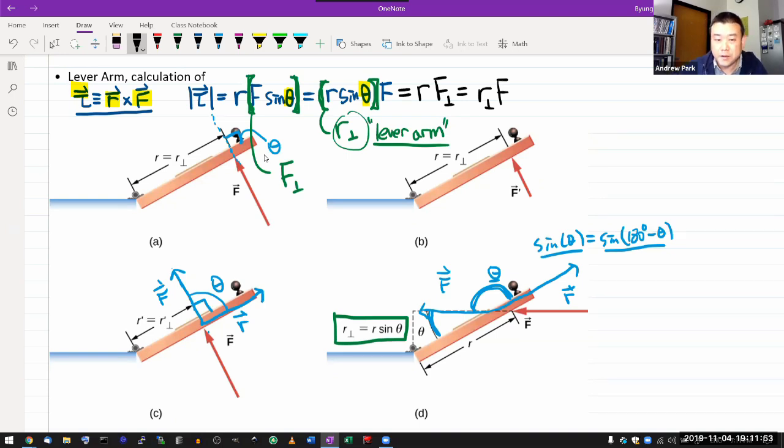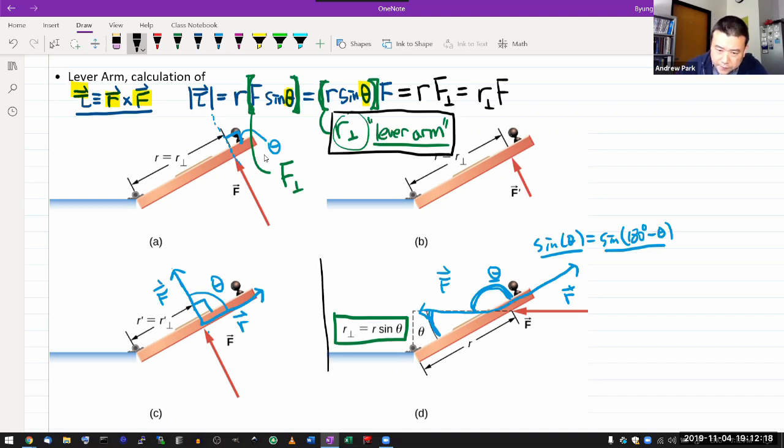But graphically, you will find that there are more situations where lever arm gives a more intuitive answer. So let me describe and demonstrate the procedure for identifying lever arm in a figure in the examples below.